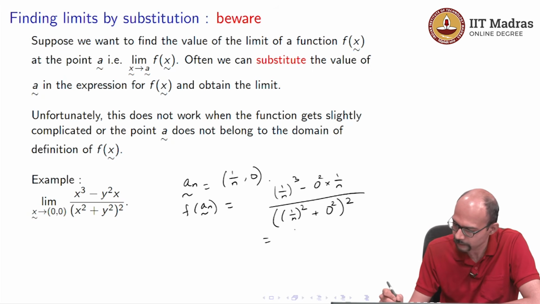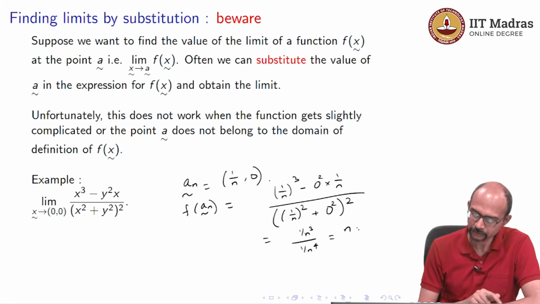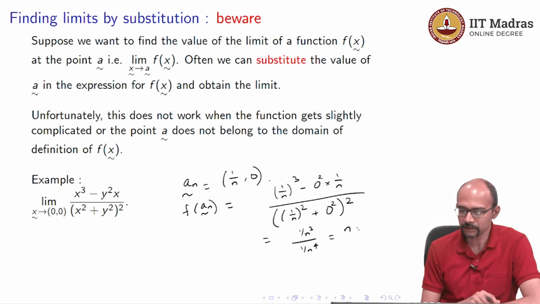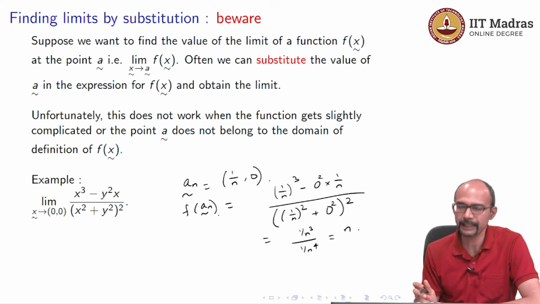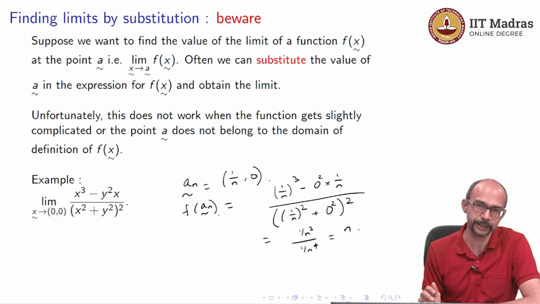If we compute this, this is 1 by n cubed divided by 1 by n to the power 4, which is just n. What that means is, f of ã_n is exactly n. So, f of ã_n as n increases diverges to infinity.